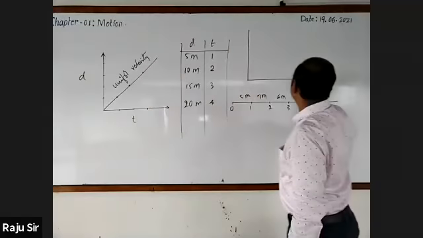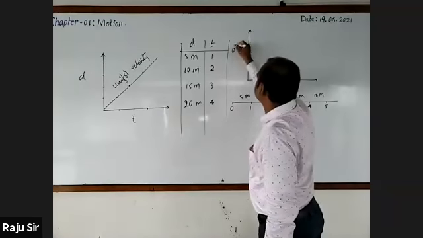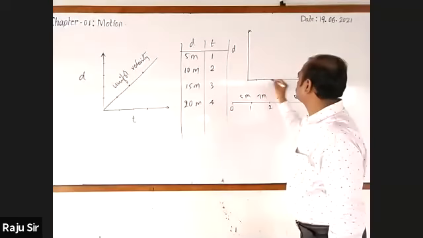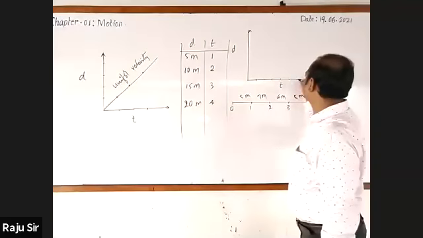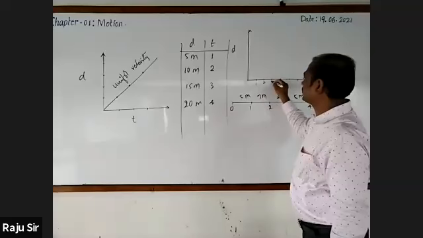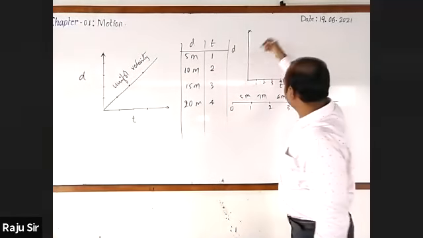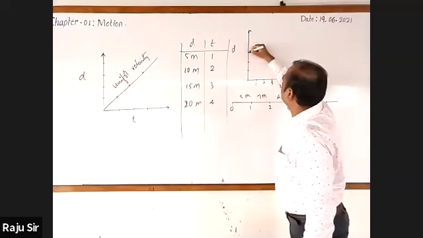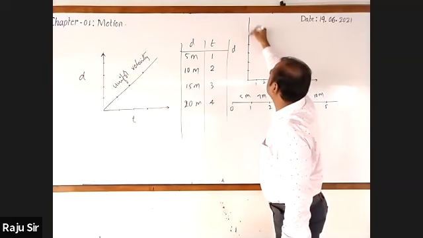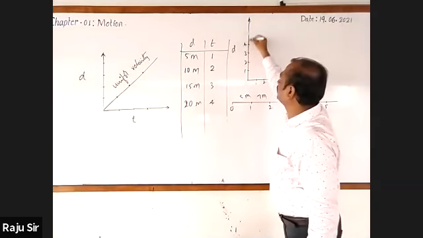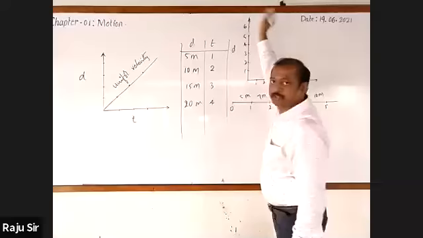Just observe. This is distance and this is time. Here I'll write 1, 2, 3, 4, 5, 6: 1 second, 2, 3, 4, 5 seconds, 6 seconds. Here is the distance axis: 1 meter, 2 meters, 3 meters, and so on.